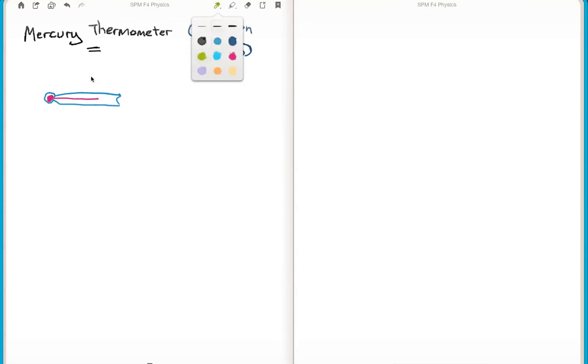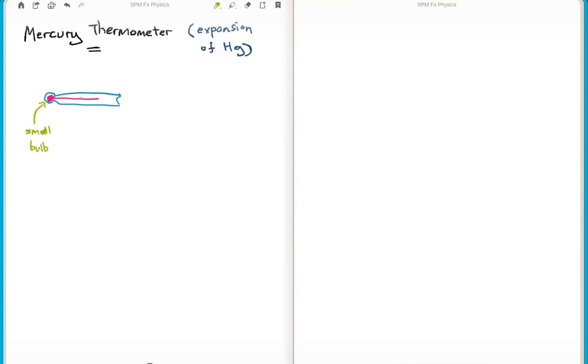So first of all, the characteristic of this mercury thermometer is that it has one very small bulb. It doesn't need a huge bulb, because a huge bulb would hold a huge amount of mercury, and to measure the expansion of the volume, the mercury has to absorb a lot of heat from the surroundings before you see an increase.